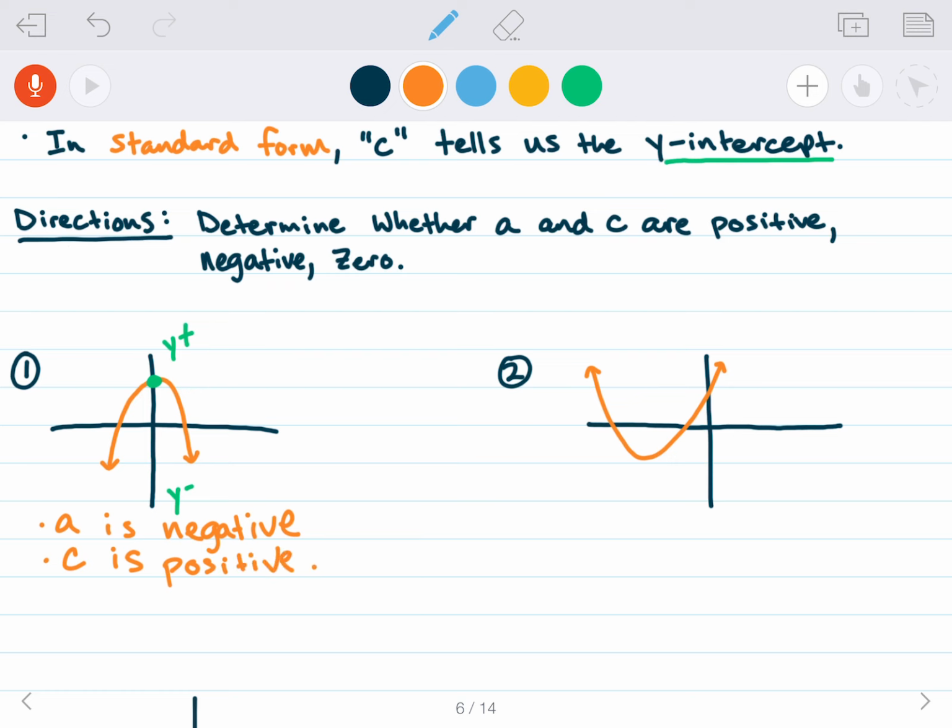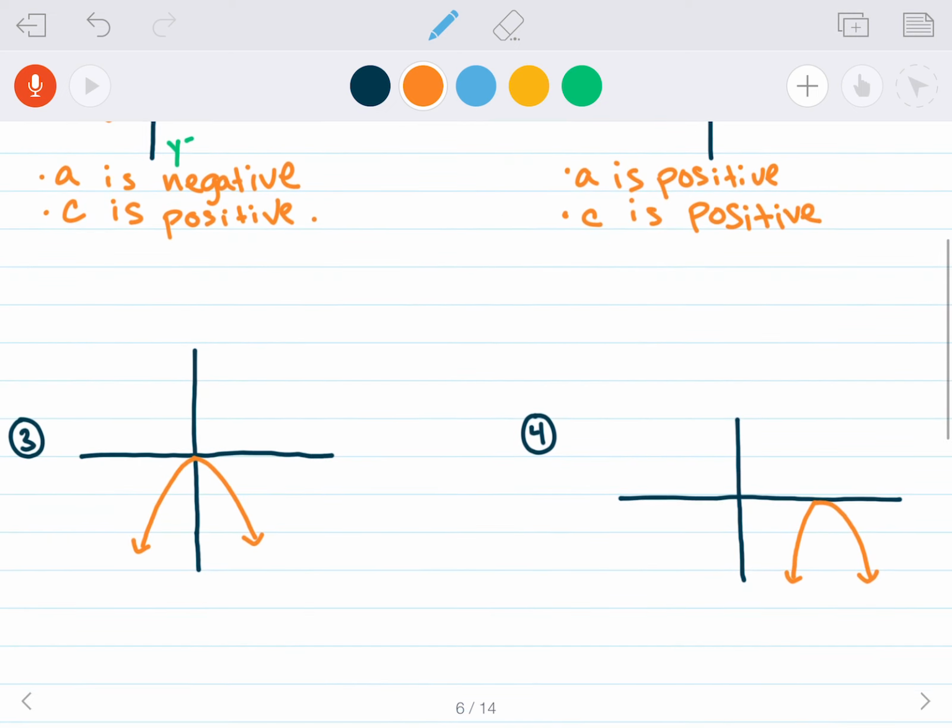Okay, let's look at number 2. So number 2, first, is it opening up or down? Well, it's smiling, so it's opening up, and what that tells us is that A is positive. The y-intercept, is that positive? Well, yeah, because it crosses the y-axis in a positive place again. So the y-intercept is also positive. Okay, let's scroll down here.